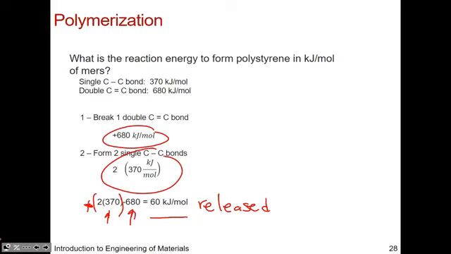Yes. So why is there energy released overall if there's more energy going into forming bonds than there is energy coming out of breaking bonds in that example? So you have two carbon-carbon bonds that are being formed. Does that consume energy? Well, it is being released, right? You're releasing 60 kilojoules. Why does that release energy in forming the bonds?